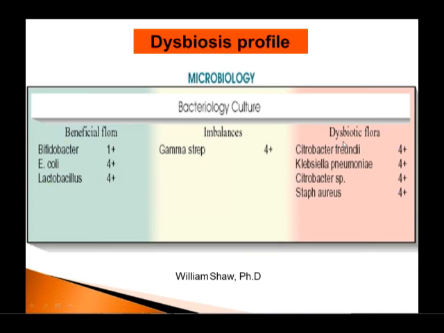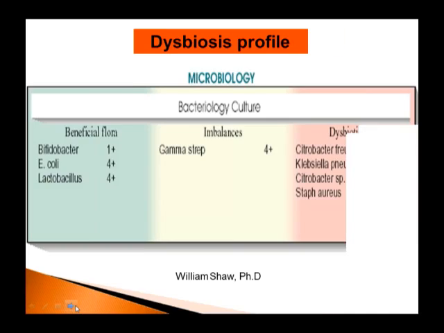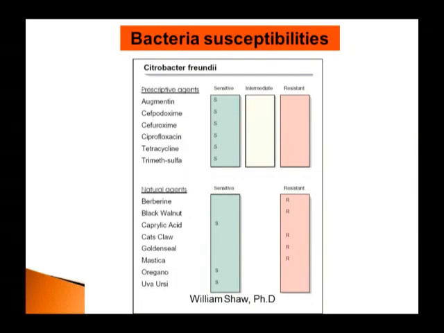Usually when you get this test back, if there is any bacteria listed under the dysbiotic flora, the lab will end up doing what's called a bacterial susceptibility test. This is a culture and sensitivity to see what type of medications will actually be most effective at eradicating that bacteria.